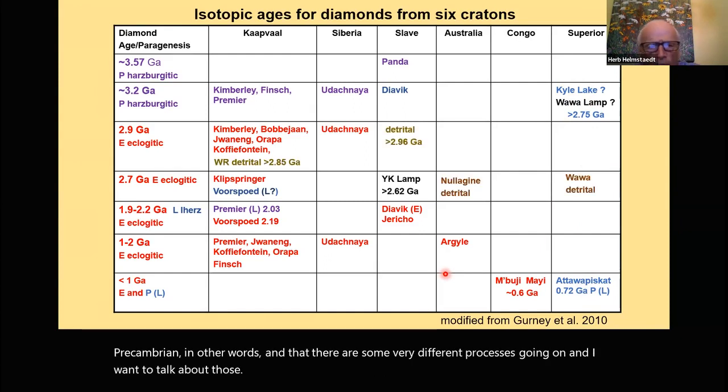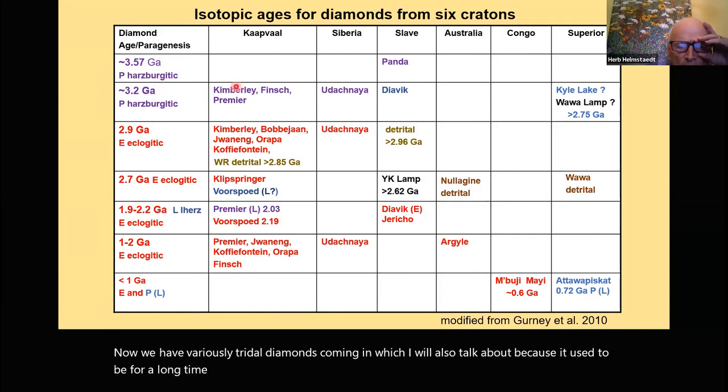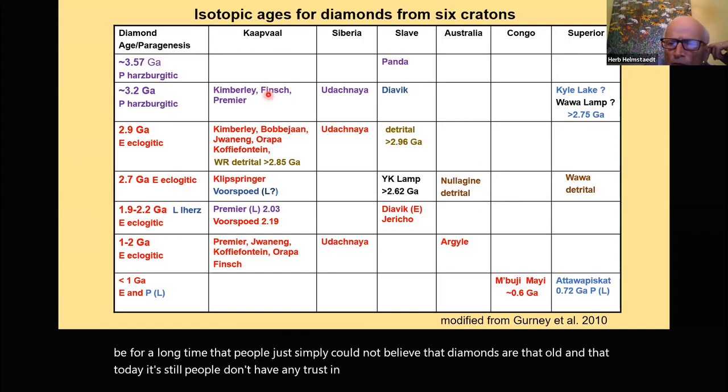Then we have various detrital diamonds coming in, which I will also talk about, because it used to be for a long time that people just simply could not believe that diamonds are that old. And today, still, people don't have any trust in the ages of dated mineral inclusions from diamonds.